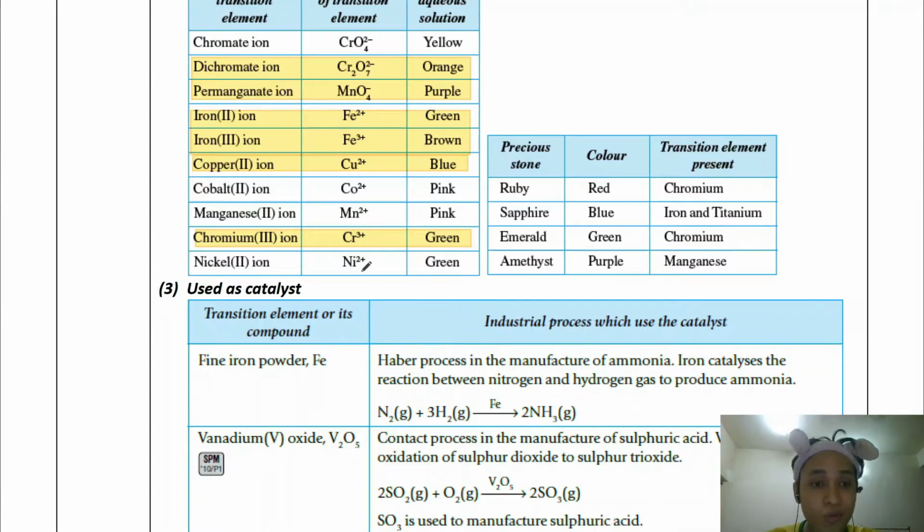Although we see here that the chromium 3 ions give you the green color, in certain situations it depends on what happens in the chemical reaction. There's a particular reason why the ruby is red, but this is a higher level of chemistry that you need to learn in university. So just remember the transition elements that you have for different types of minerals.